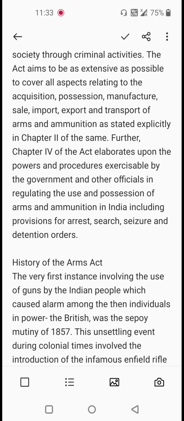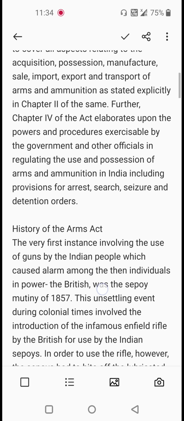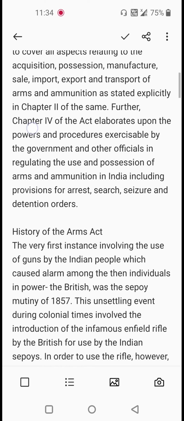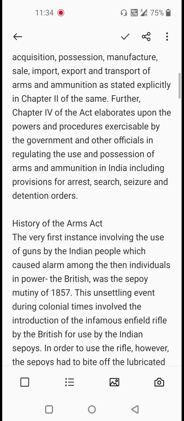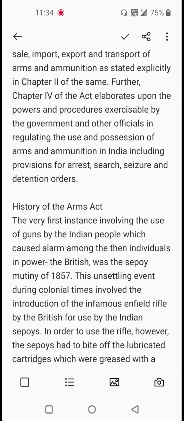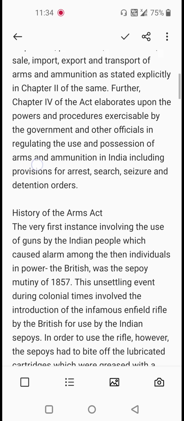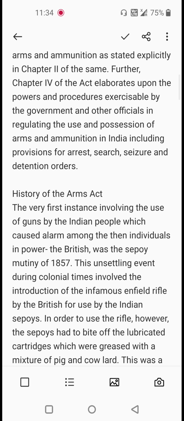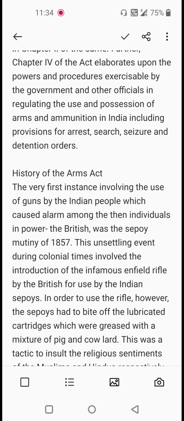Further, Chapter 4 of the Act elaborates upon the powers and procedures exercisable by the government and other officials in regulating the use and possession of arms and ammunition in India, including provisions for arrest, search, seizure and detention orders.